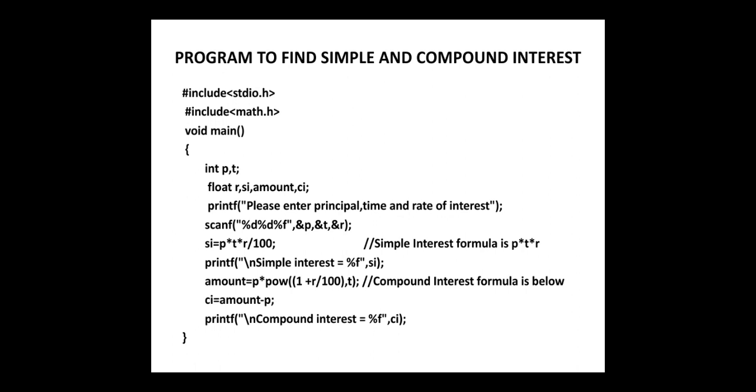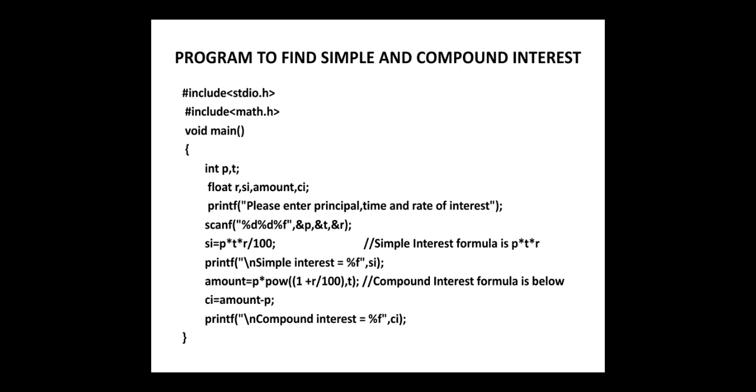That will be multiplied with p. Those values will be calculated and assigned to the temporary variable amount. That amount will be deducted from the principal amount, which leads to the compound interest.